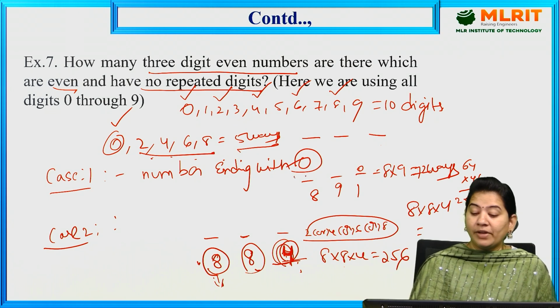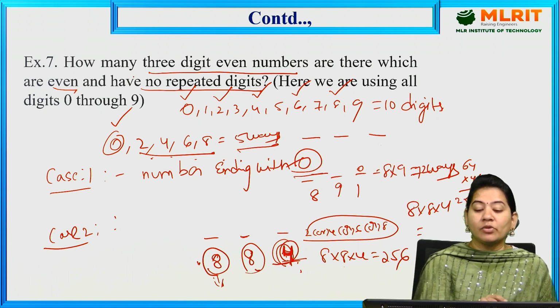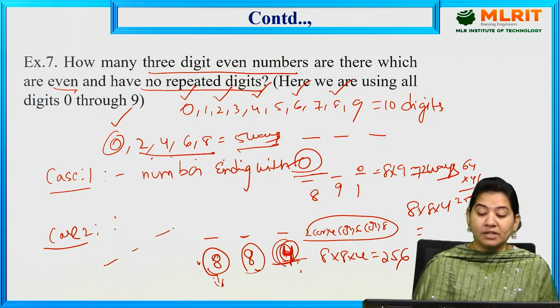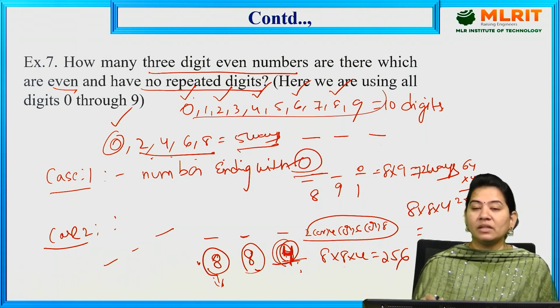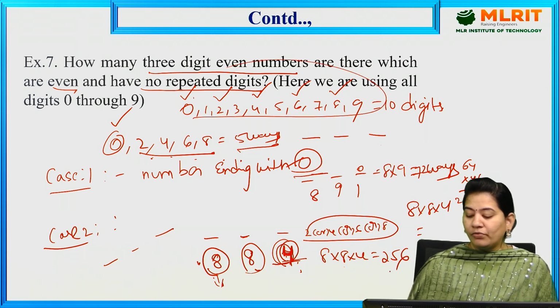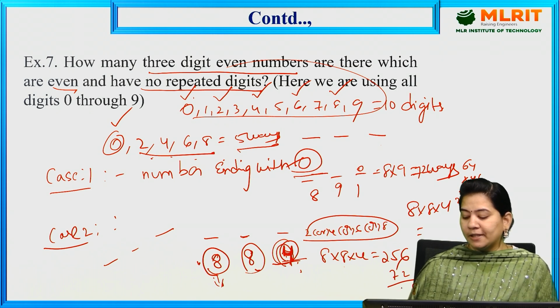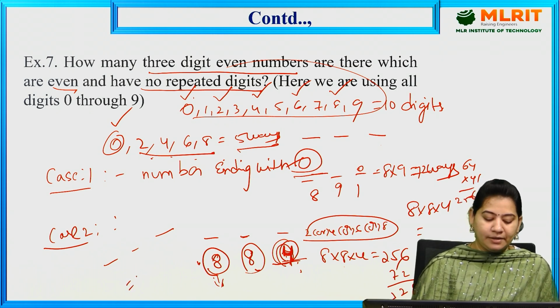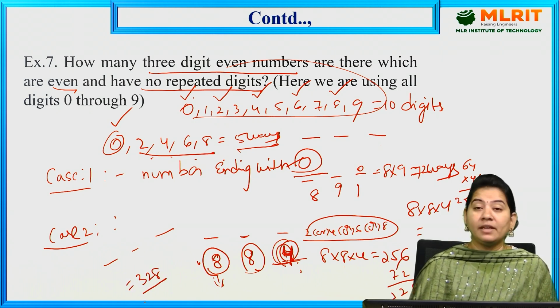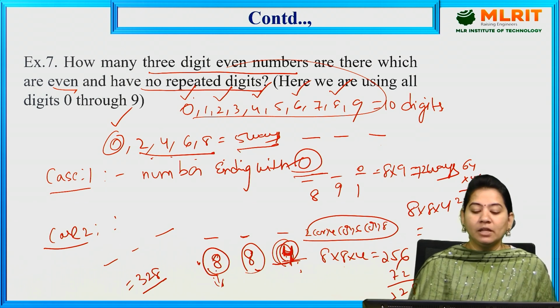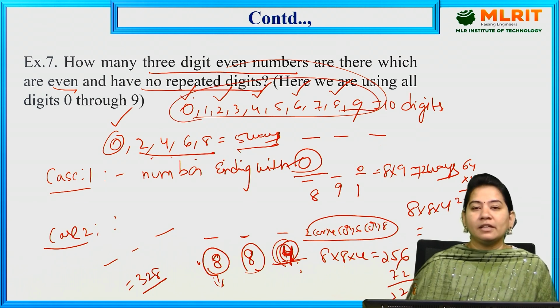But we also have to add the numbers ending with 0, right? Because the question is how many 3-digit even numbers can be formed with no repeated digits using these digits. So the total is 256 plus 72, which is 328. So 328 3-digit even numbers can be formed using the 10 digits, 0 to 9.